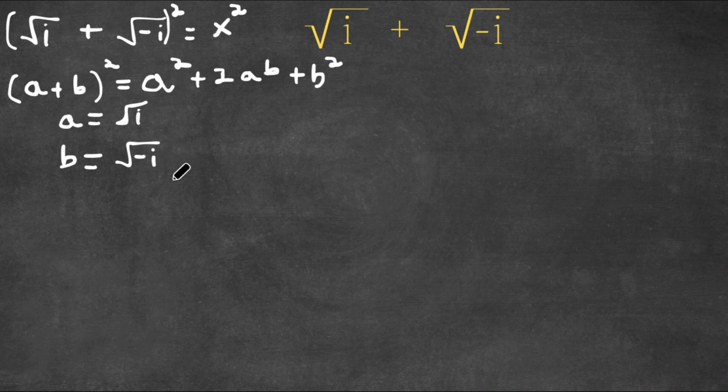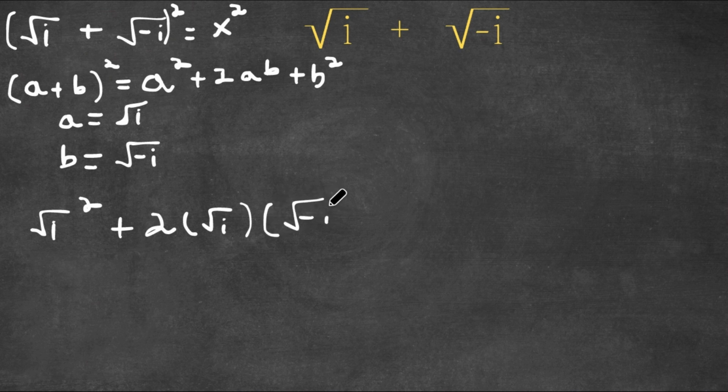So in this case, we would have the square root of i squared plus 2 times the square root of i times the square root of negative i plus the square root of negative i squared.